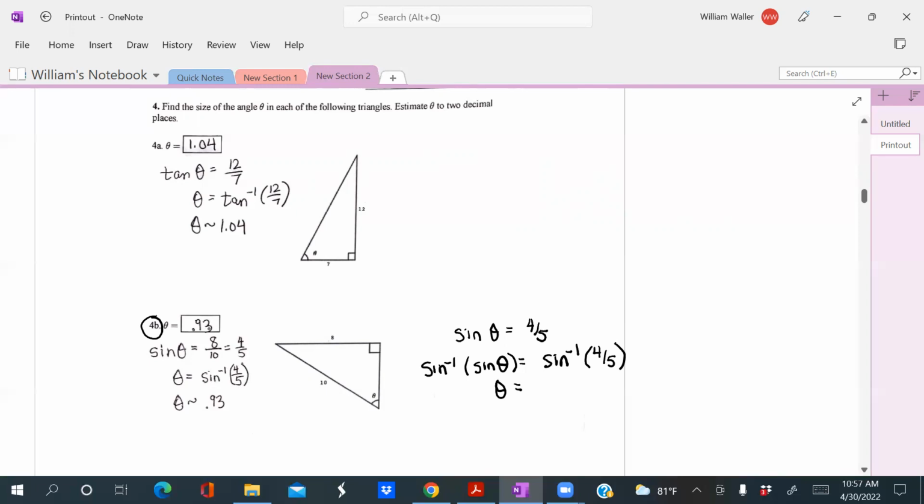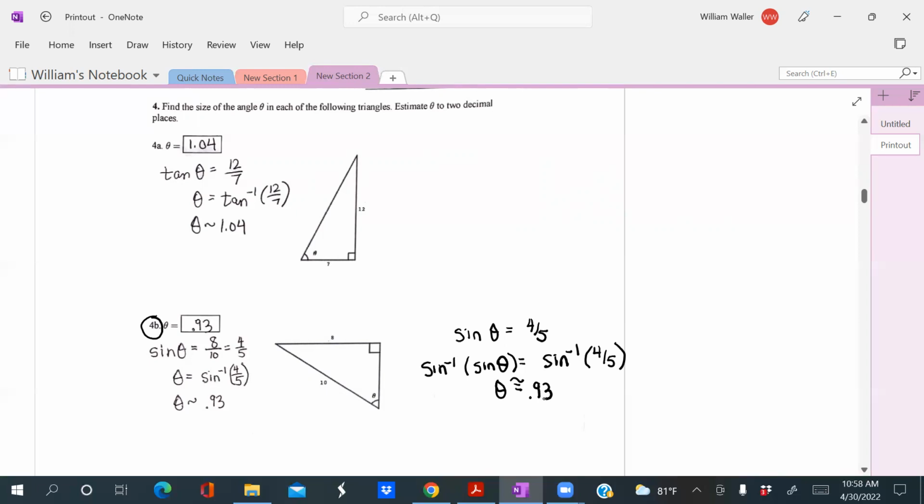0.93, that angle is in the proper range. Remember, when you apply the sine inverse function, you must get an angle between minus pi/2 and pi/2.